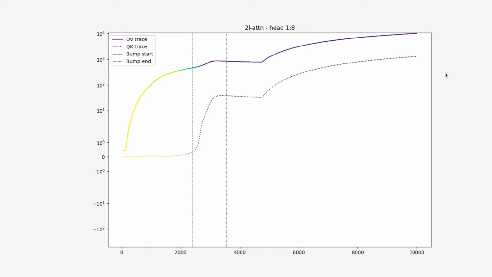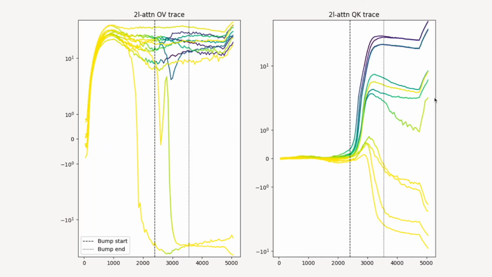So the next graphs that I'll show, I'll put the OV, the copying-like behaviors on the left, and I'll put the QK, which is that induction-specific previous token similarity, on the right. So here we've got all heads, again, copying-like behavior on the left, previous token specificity on the right.